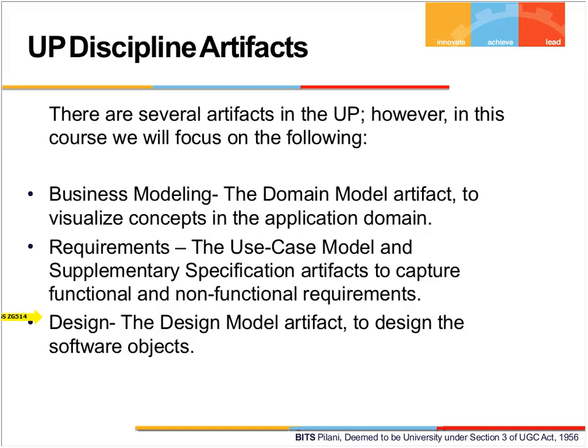So work products are the documents which are created during the execution of any activity, right? The work product is not the code that you are writing, but a process document which is created during any activity, right?